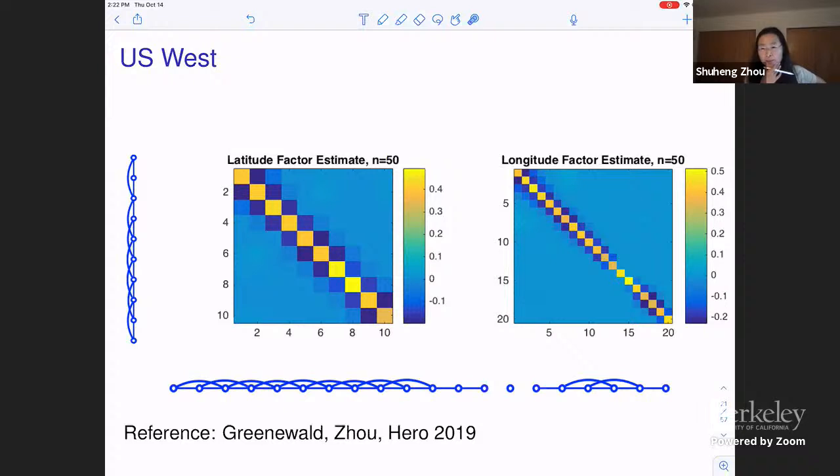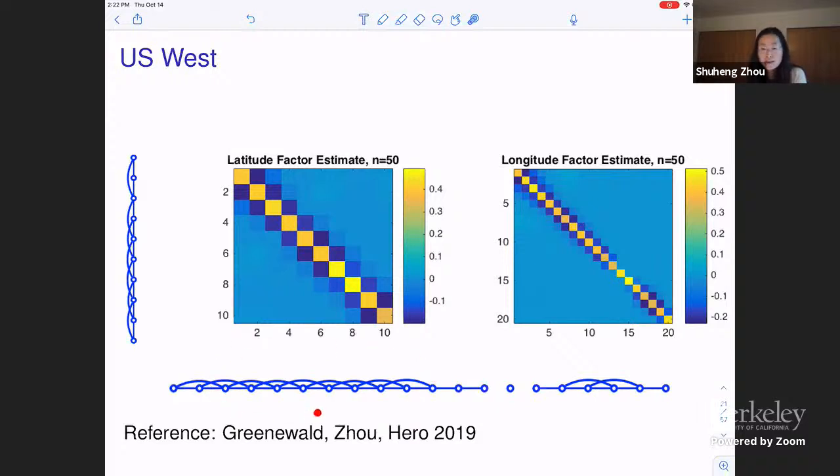I'm not going to tell you which model yet, but you can see for the latitude factor, it looks like AR2, meaning each neighbor connects not only to its adjacent node, but also the next neighbor. And the longitude graph has a similar story.